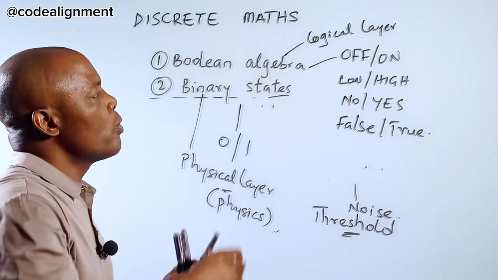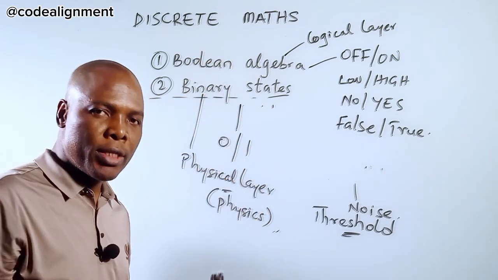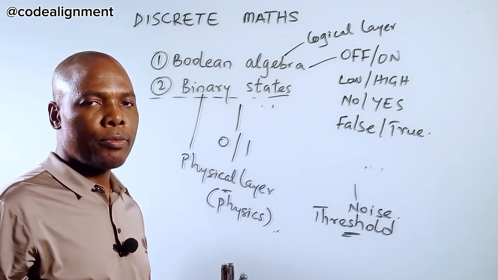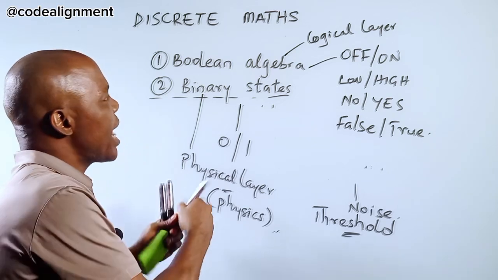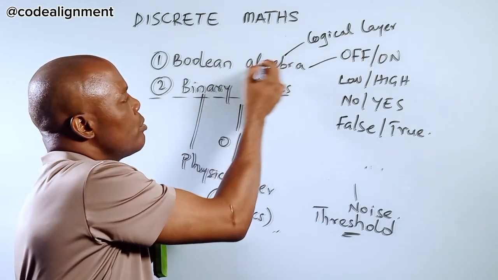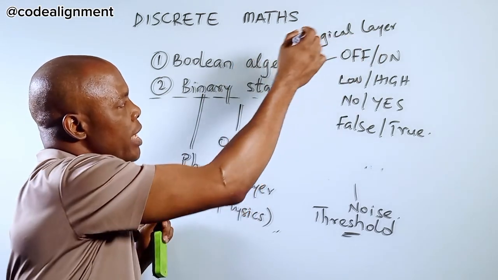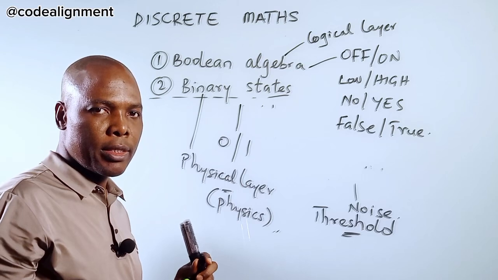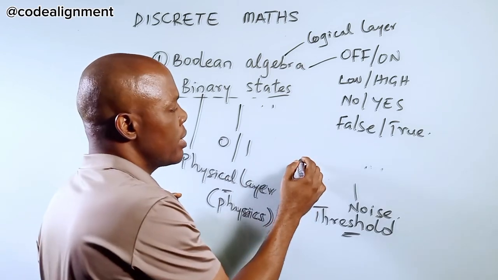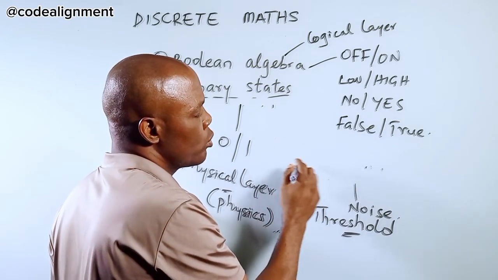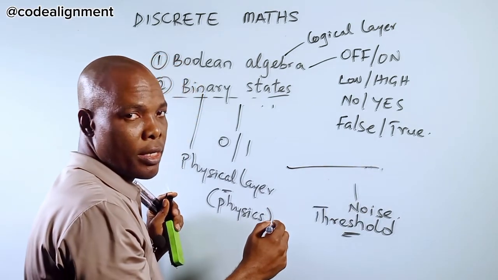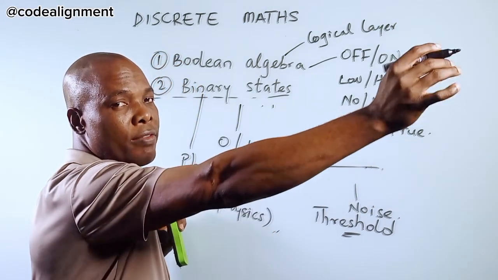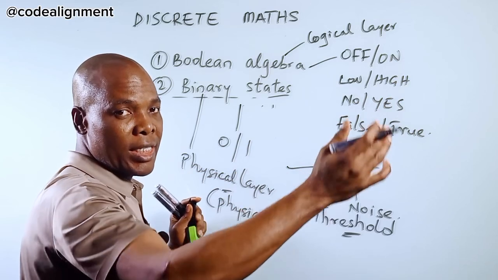Right? Now, we need these two in machine design and in their operation because at the logical layer, this Boolean algebra, logic does not see uncertainty. Uncertainty is the smooth growth of the voltage from 0 to 0.7. That is uncertainty, right?